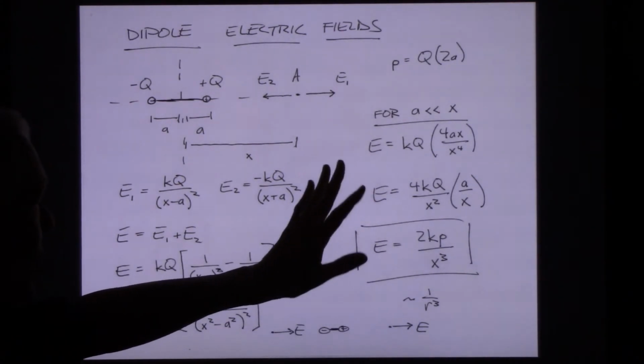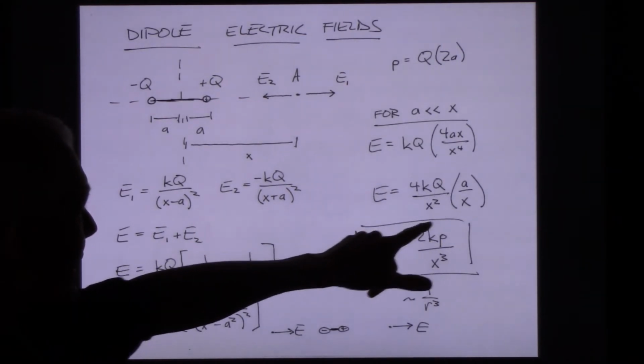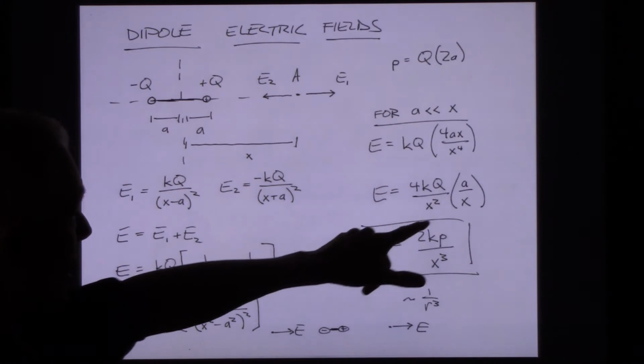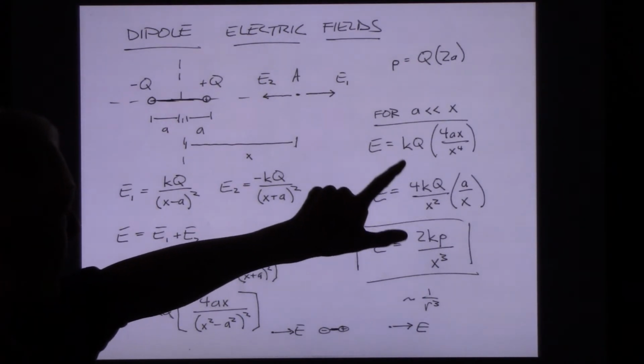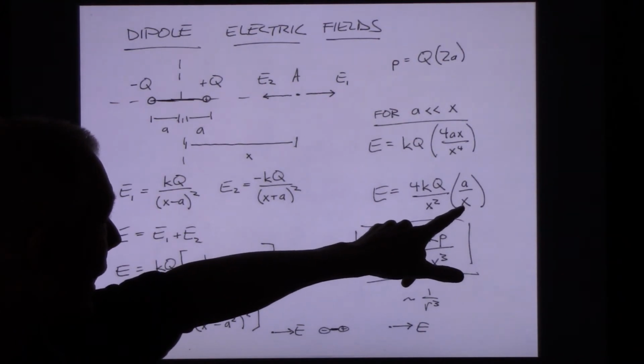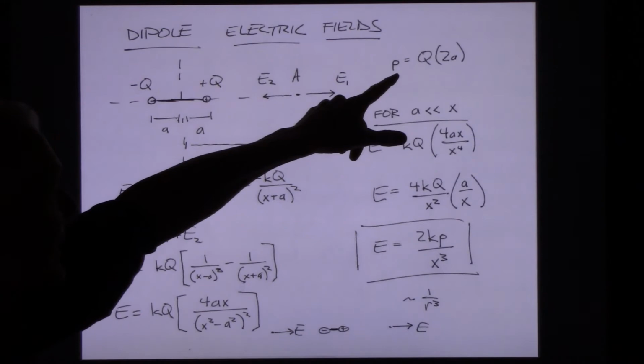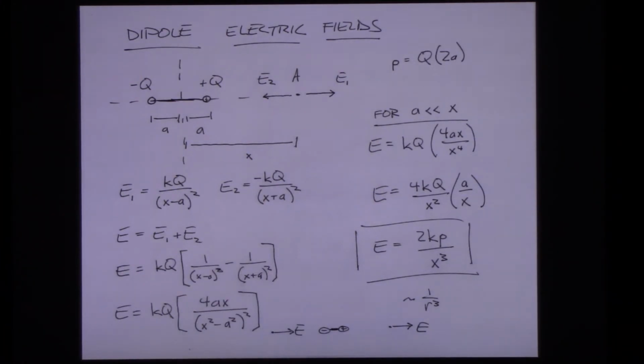I did an arrangement here to show that the E field now is kind of like the E field for a point charge, kq over x squared, but I've got a factor of 4, a factor of a over x. Now what I'm going to do is rewrite this in terms of not the charge, but the dipole.